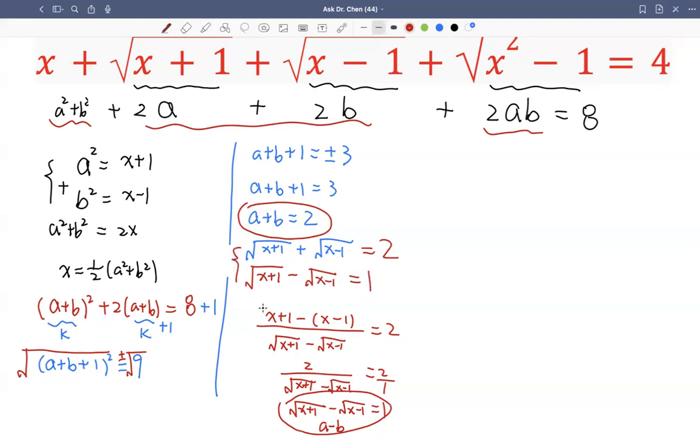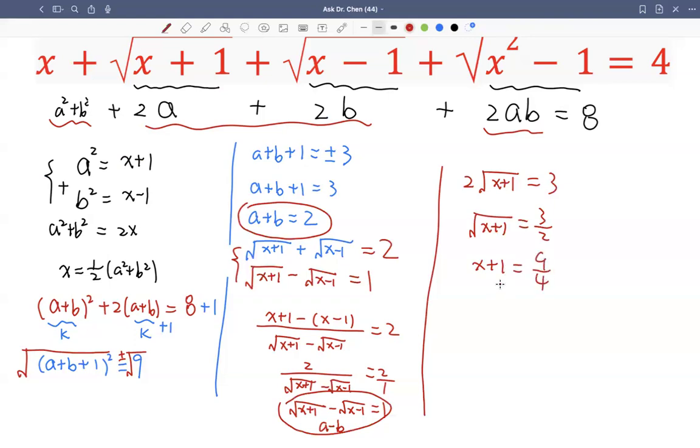Working with these two equations, add those two equations, so we get 2 square root of x plus 1. Adding those two, b becomes 0, and it equals 3. Divided by 2 on both sides, we get square root of x plus 1 equals 3 over 2. Square both sides, we get x plus 1 equals 9 over 4. Minus 1 from both sides, we get 5 over 4 for x. So the solution is 5 over 4.